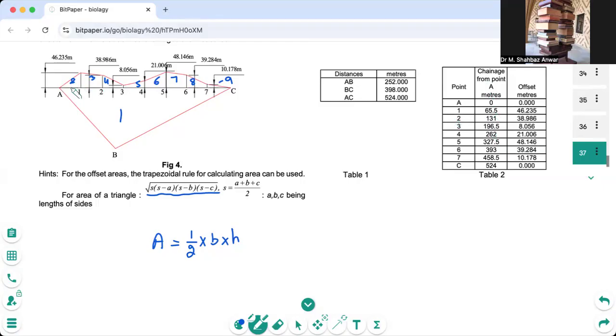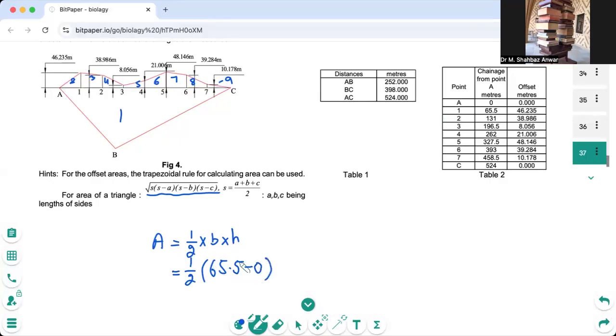For example, for triangle number 2, we can calculate the area like this: 1/2. Here the base is point number 1, which is 65.5, minus point A, whose coordinate is 0.